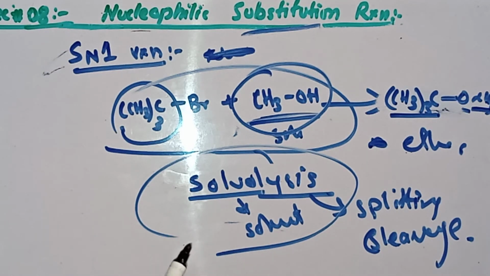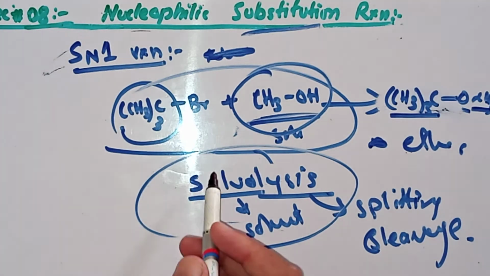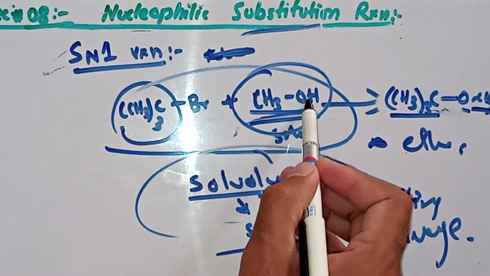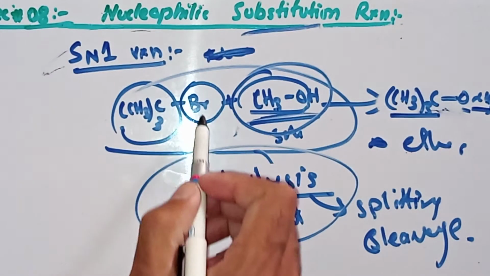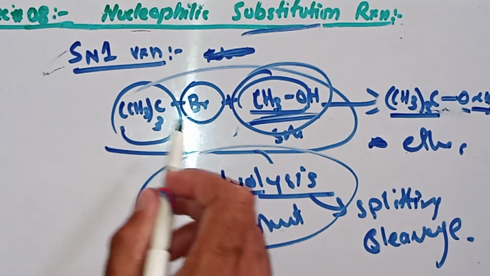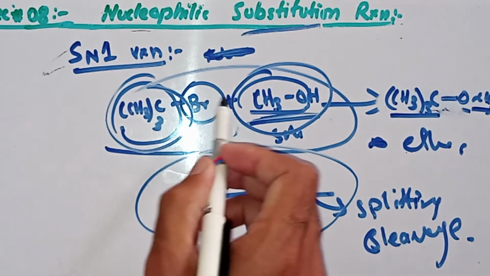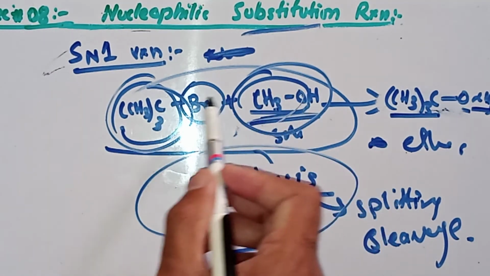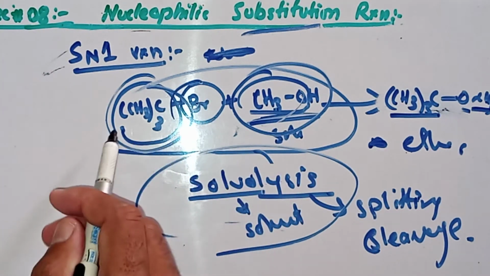Here the solvolysis is a substitution, because methoxide has replaced the bromine on the tertiary butyl group.